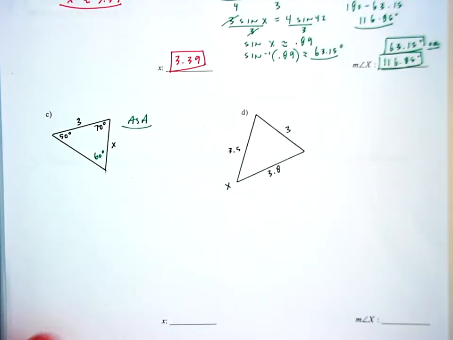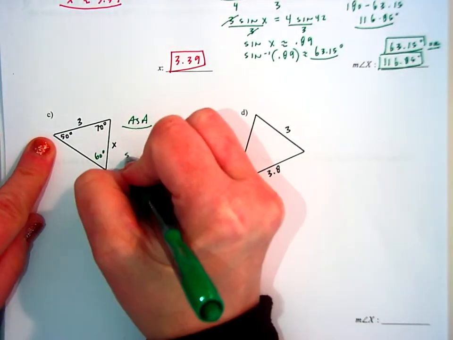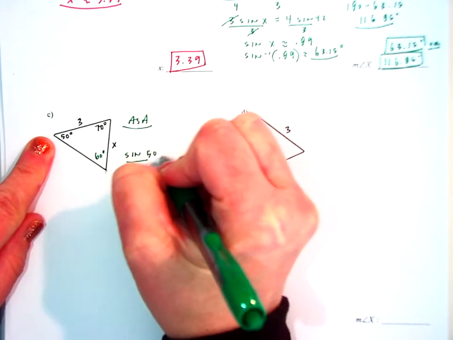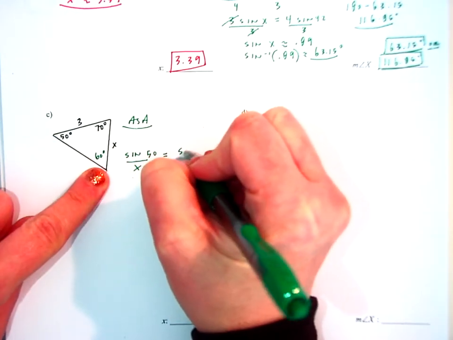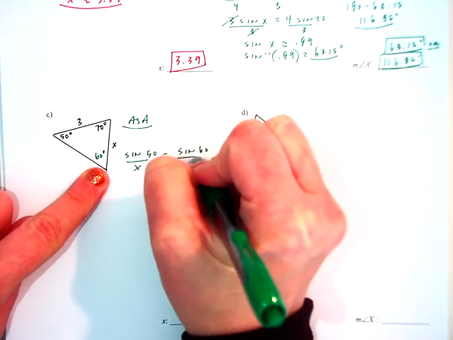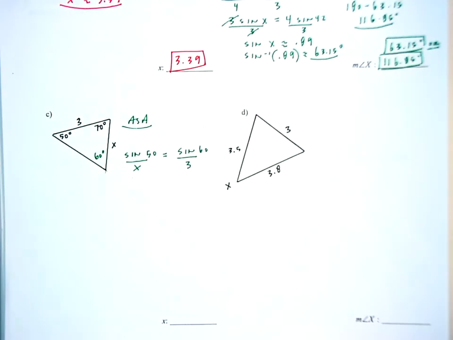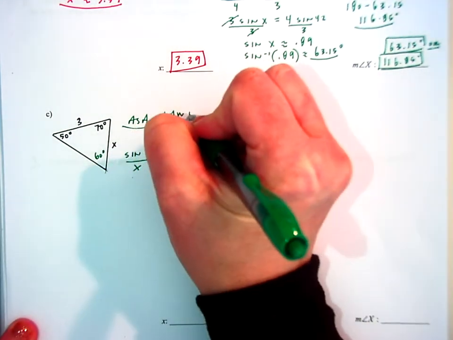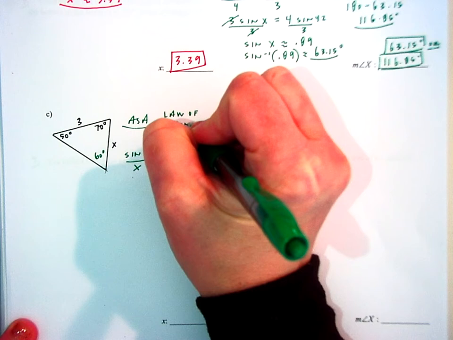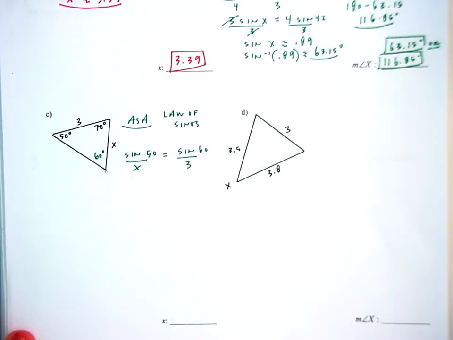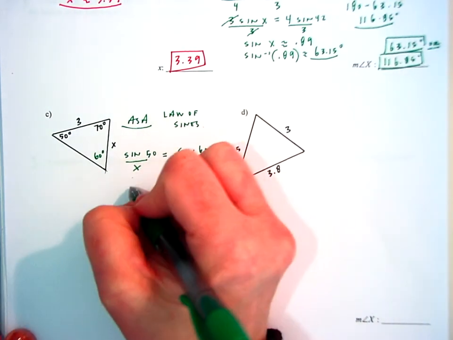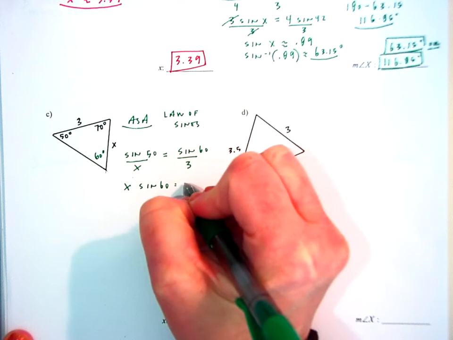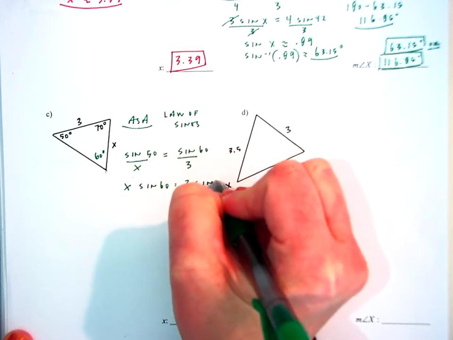So now I can see that sine 50 is to 2x, just as sine 60 is to 3. So again, I had an angle with a side opposite, so I knew that I was using the law of sines. Okay, from here I'm just cross multiplying. So I get x times sine 60 is equal to 3 times sine 50.